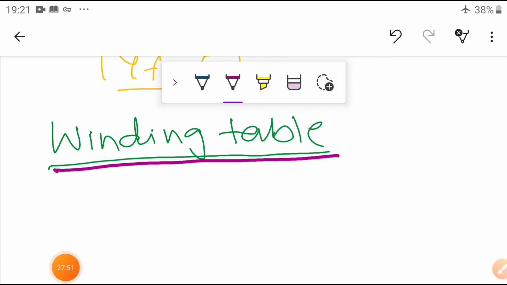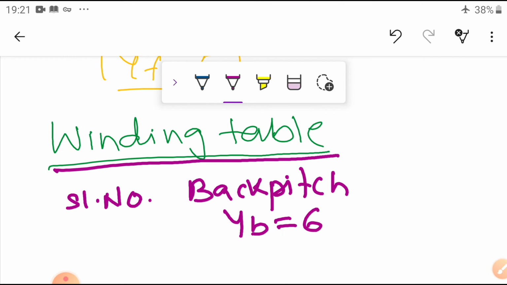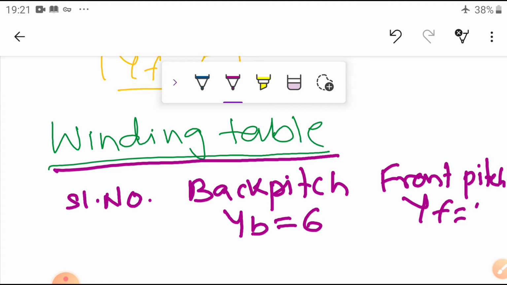So, let us start the winding table. As usual, first you write the serial number, next the back pitch, that is YB equal to 6, and front pitch, that is YF equal to 5.